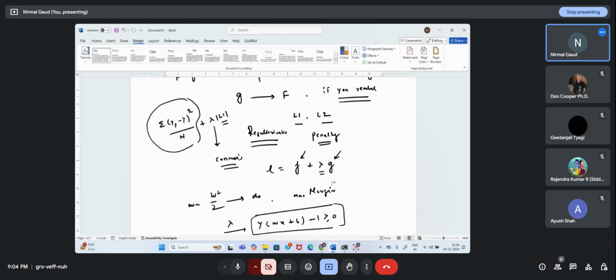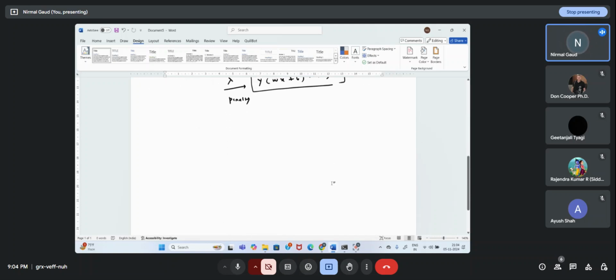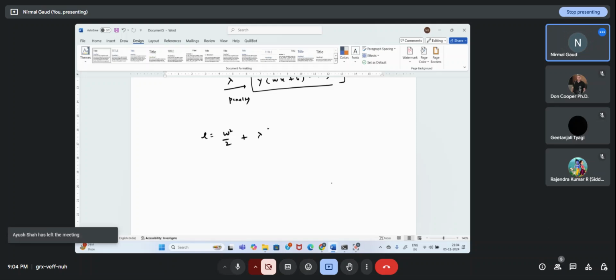Okay, fine. Now we do have more concepts to learn in SVM. It's not over. I'm just explaining what we are going to use. So obviously, you have to write like this: L equal to W square by 2 plus lambda times y(Wx plus b) minus 1.